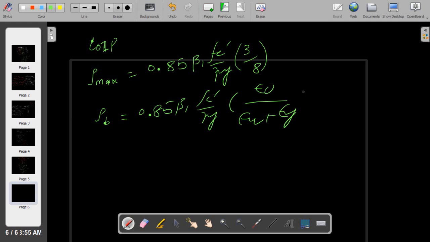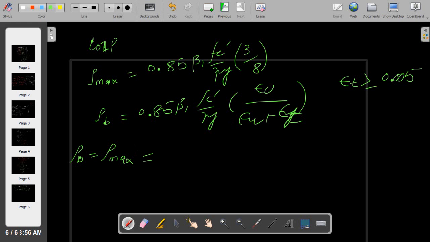Sorry, this is epsilon t. Let's say our rho b reaches rho max, and our epsilon t is greater than or equal to 0.005.